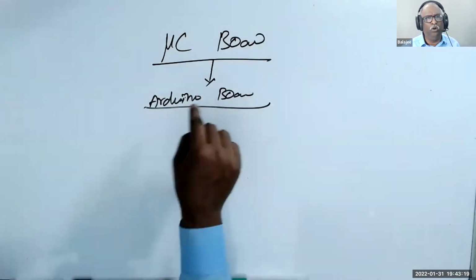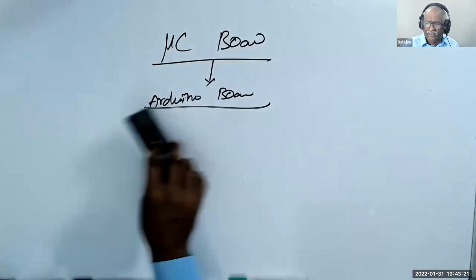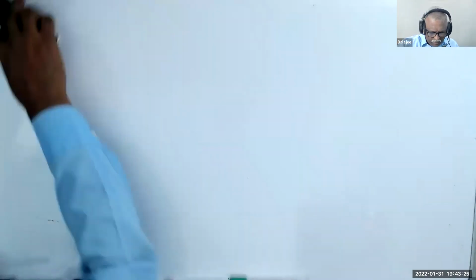Why I'm telling you Arduino is one advantage, I'll tell you now. The trick was, since it became very famous in the market, whichever product becomes famous, people start supporting it. When Android phones came, everybody started manufacturing Android phones. When the IBM PC came, everybody started manufacturing IBM PCs.